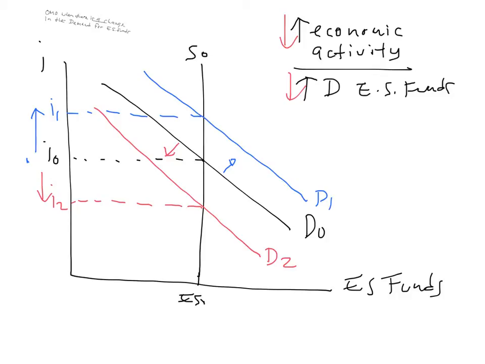The question then is, how does the Reserve Bank react to this? What if the Reserve Bank does not want the interest rate to change? What if the Reserve Bank of Australia wants the interest rate to remain at I0? So we're going to look at that now.